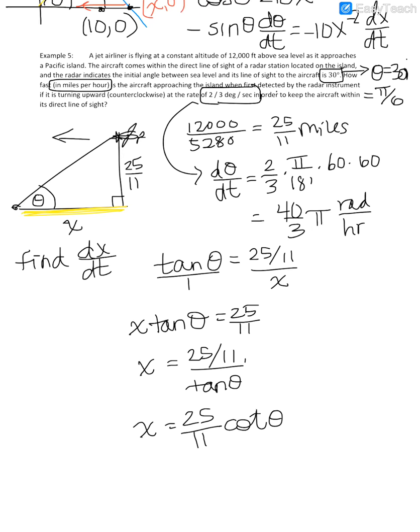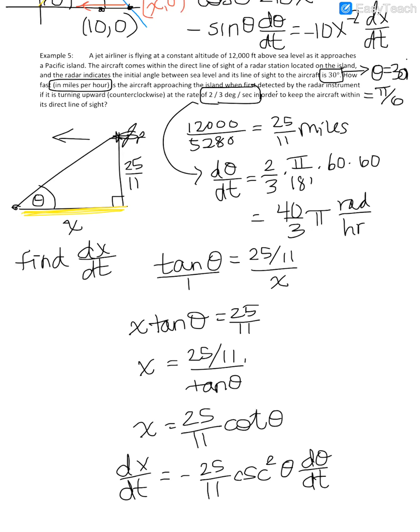On the left I get dx dt. On the right, the derivative of cotangent is negative cosecant squared. So this gives me negative 25/11 cosecant squared d theta dt. All right, I'm going to plug everything in. I am not having any luck scrolling this down, so I'm going to erase my top part so I can keep working.